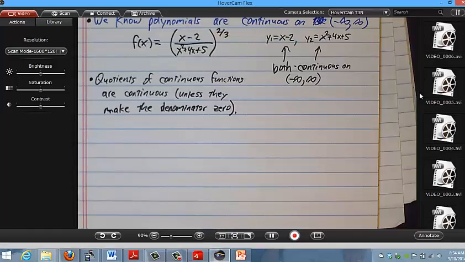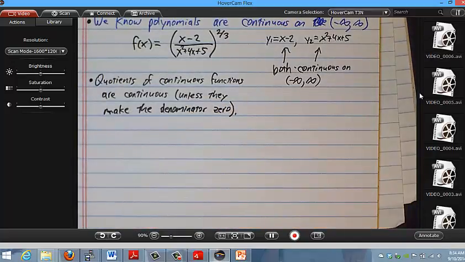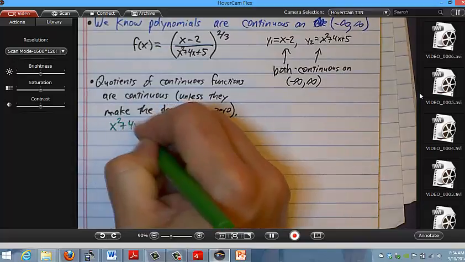And what am I going to say about this problem? What would make the denominator 0? Well, I guess we could solve that, right? How do you solve that? So, let's see. x squared plus 4x plus 5.